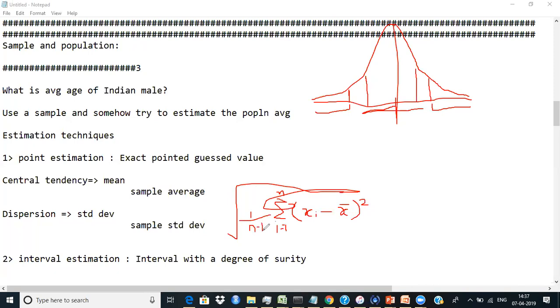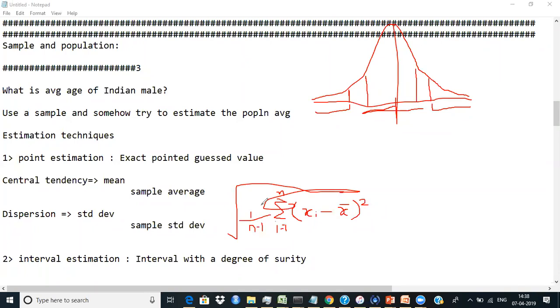Population standard deviation follows the same formula that we learned yesterday. Makes sense? If somebody asks you what is the population standard deviation of age for Indian males, your answer should be the sample standard deviation on a sample that you have collected.